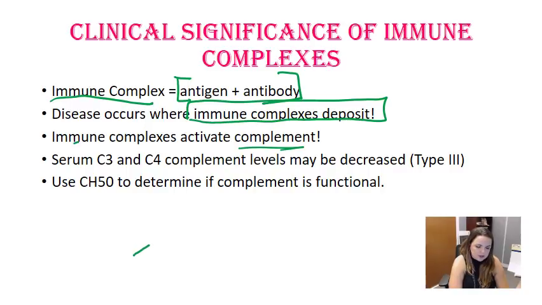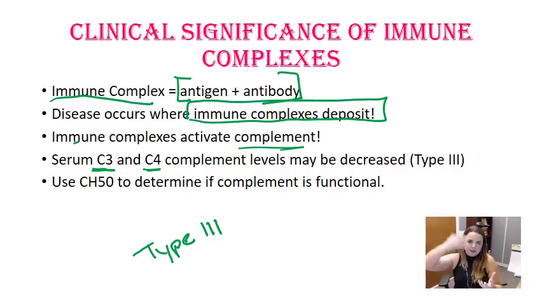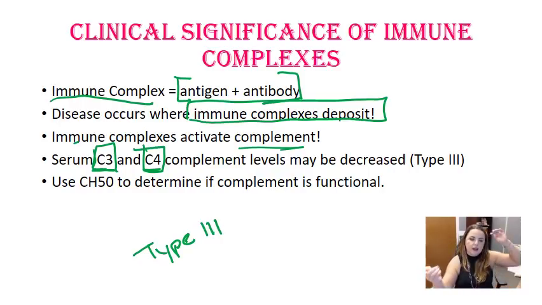If we're talking about type 3 hypersensitivities, which is pretty much where I worry about immune complex deposition, you're going to want to track serum C3 and C4 components, because complement gets activated so much over and over and over again that eventually we see a depletion in C3 and C4, because we're using up the components faster than our livers can make them.